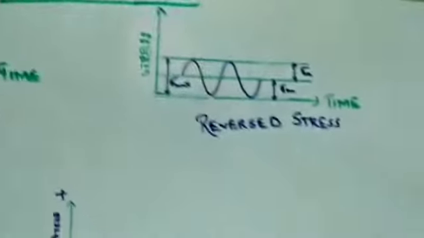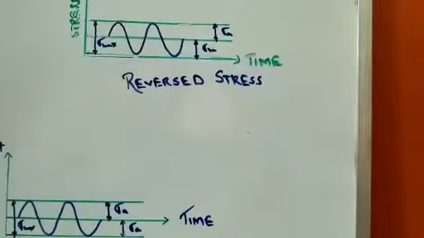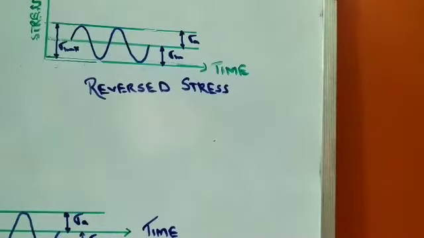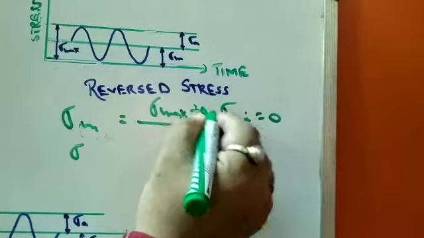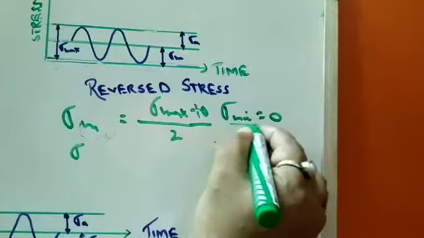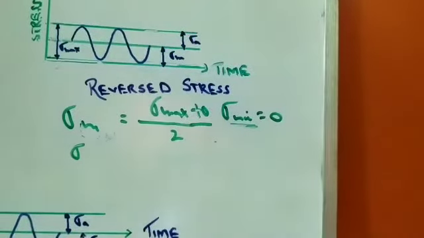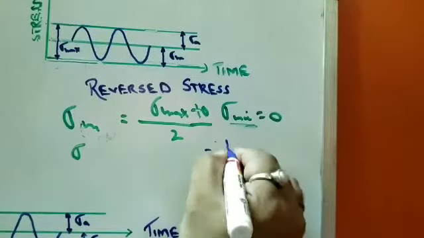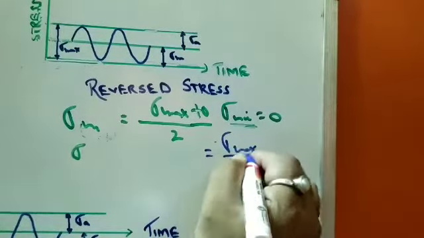Now here you can see the component of a reverse stress. What does the reverse stress have? Here sigma minimum is 0, so the mean stress, sigma max plus sigma min by 2, gives a value of sigma max by 2.